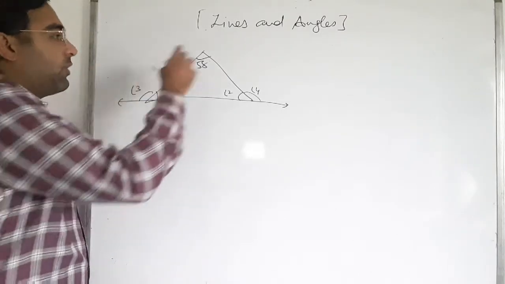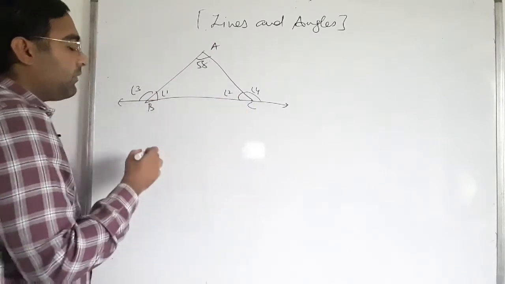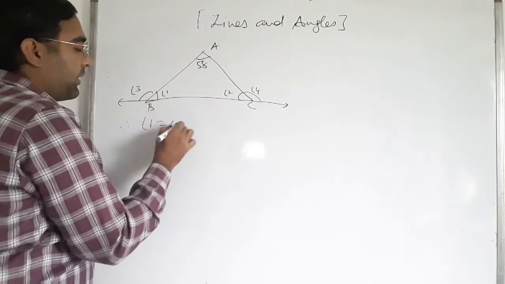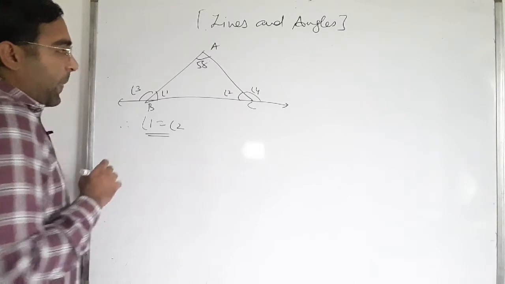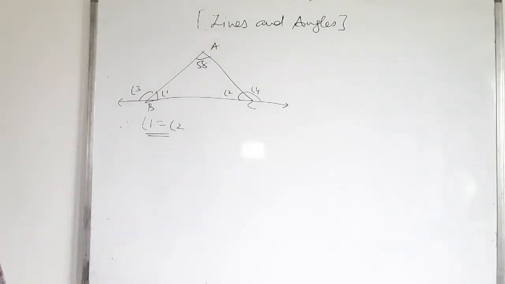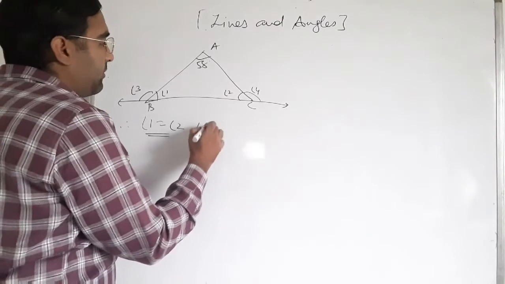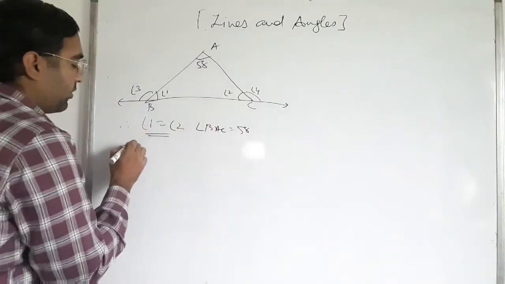First of all we name this triangle ABC. Using triangle ABC, angle 1 is equal to angle 2, that is given. The second thing given is that angle BAC is equal to 58 degrees.